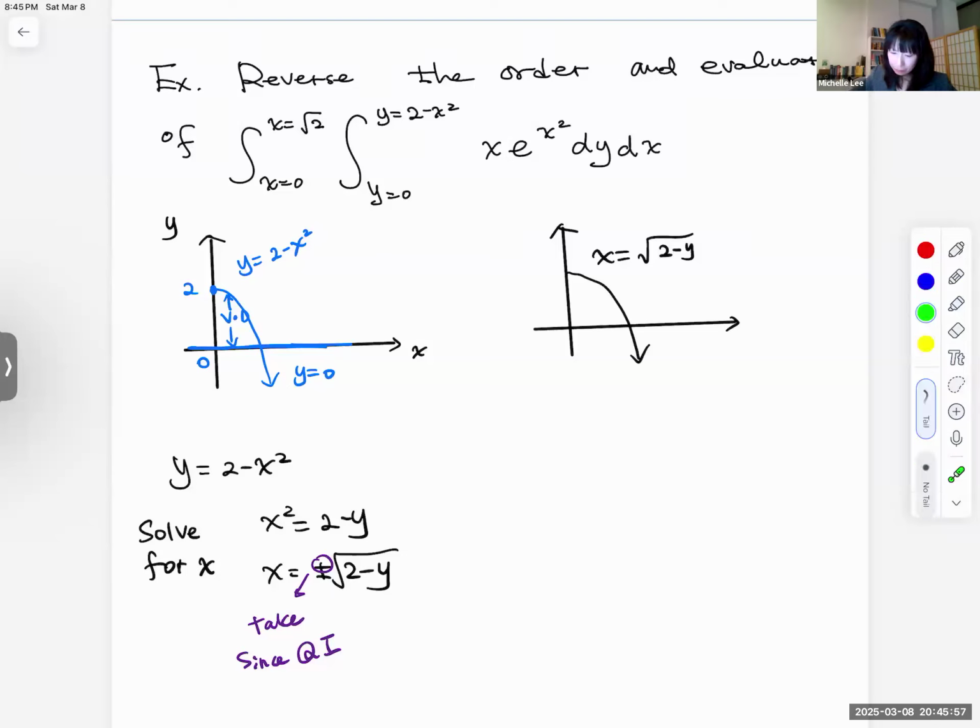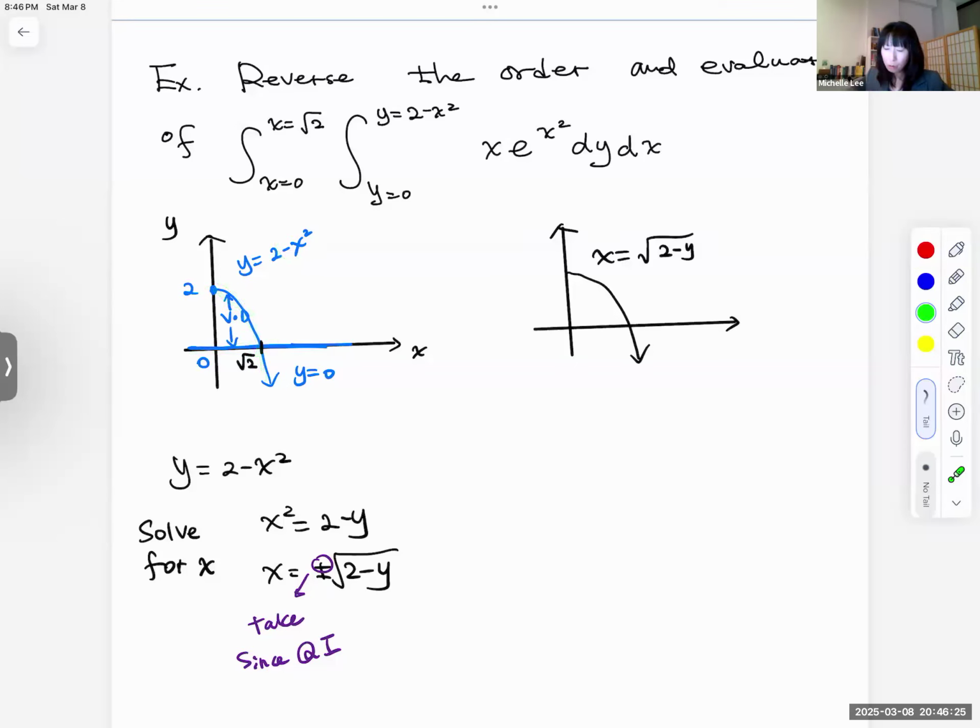And then we had y from 0 to the function 2 minus x squared. Now we change it up, but it's still the same shape. But then we have to change the order. This is also 0 to 2. And the x interval here is also square root of 2, right?